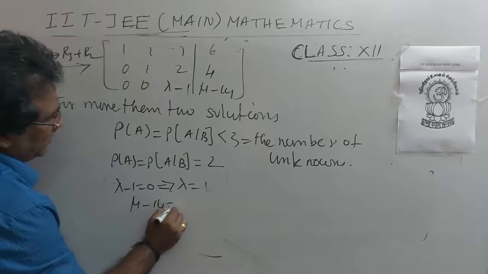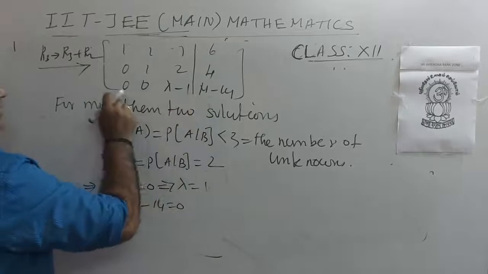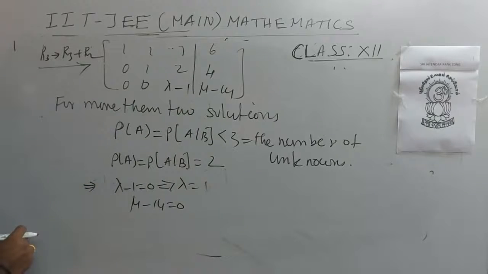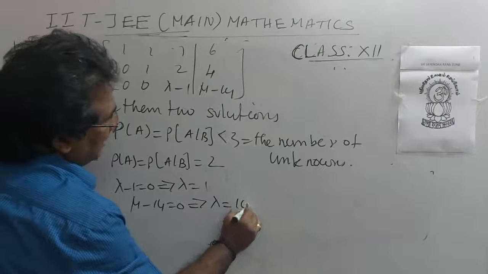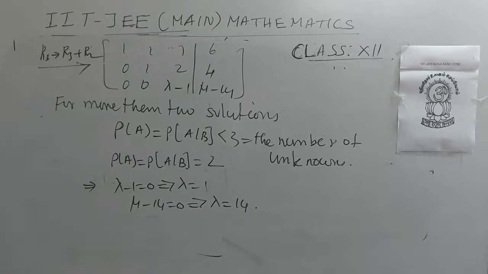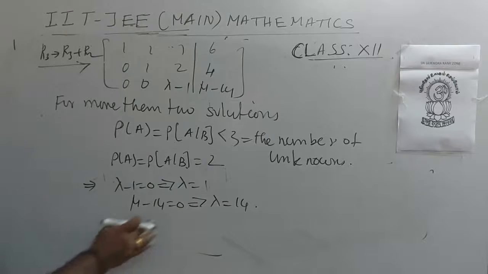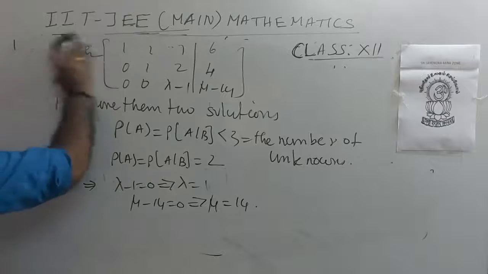Mu minus 14 equal to 0, since rank 2 means this should be 0. So, mu equal to 14.